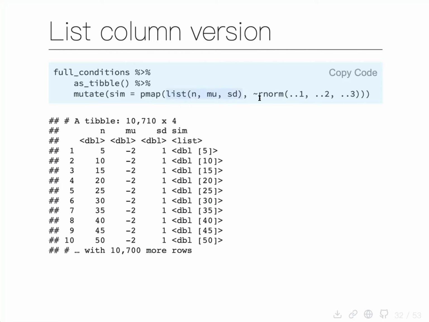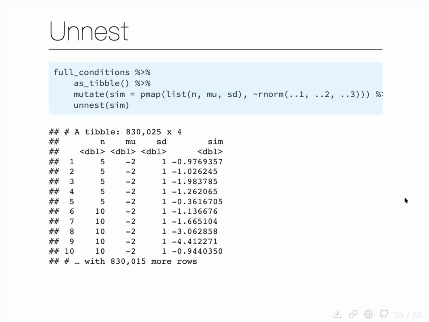I think in this case, actually, we could just say rnorm, and that's it, because those 3 arguments would be passed in the 3 orders, but this might be a little more clear. And then, of course, we could unnest sim from there. And now we have all of our simulated data, which in this case is 830,000 observations. And it's pretty amazingly fast, right? And keeps us really well organized.